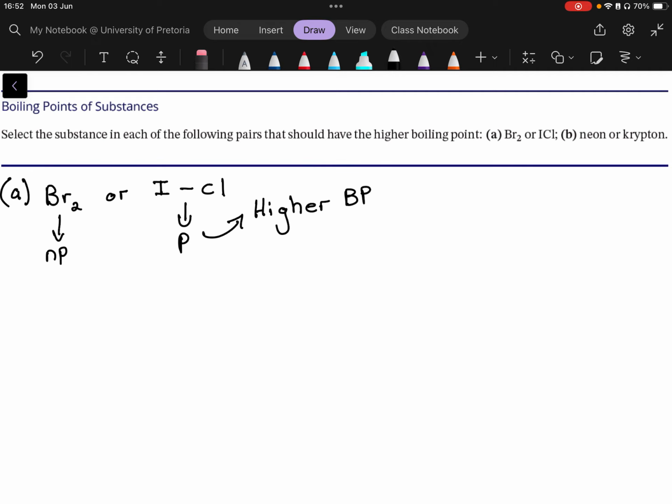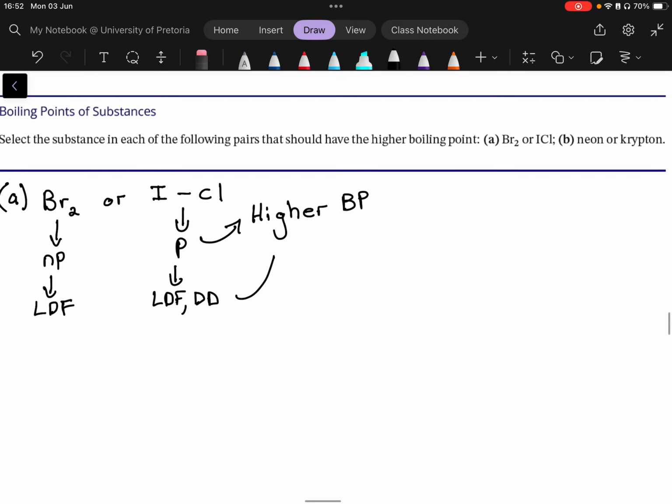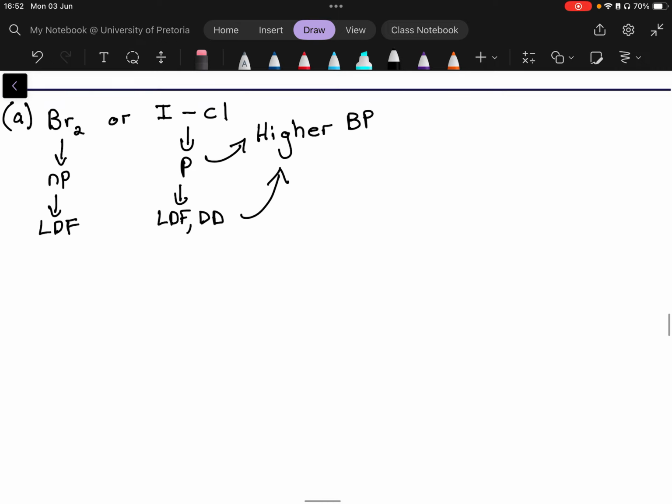Non-polar means it only has London dispersion forces. Polar means it has London dispersion forces plus dipole forces, which leads to the higher boiling point. So as always, if you need to judge whether or not something has a higher boiling point, you look at its intermolecular forces.